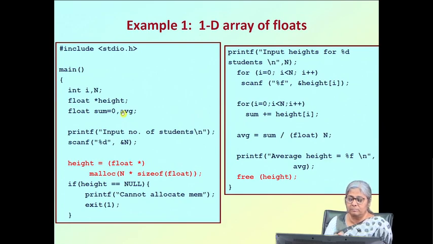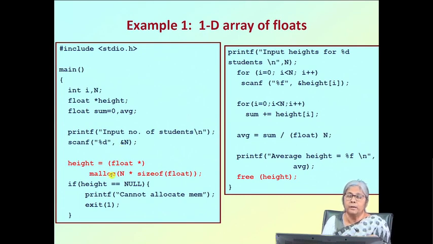Now, printf input number of students, because we want to compute the average height of the students in a class, so we have to know how many students there are. So we scanf the number of students n.